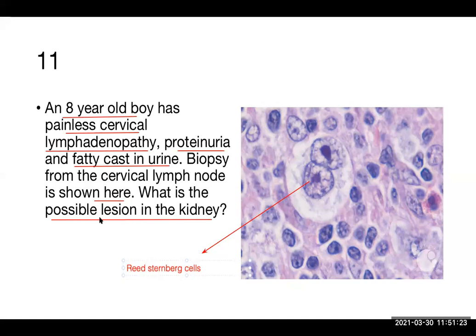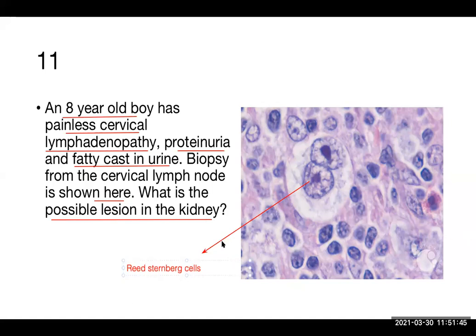Now, the question is something different. What is the possible lesion in the kidney, the histological lesion? So what are the different types of lesion in the kidney in case of nephrotic syndrome, the histopathological lesion? Can you name them? Probably your answer is there.